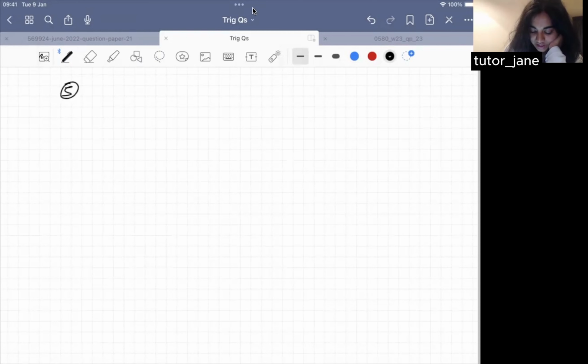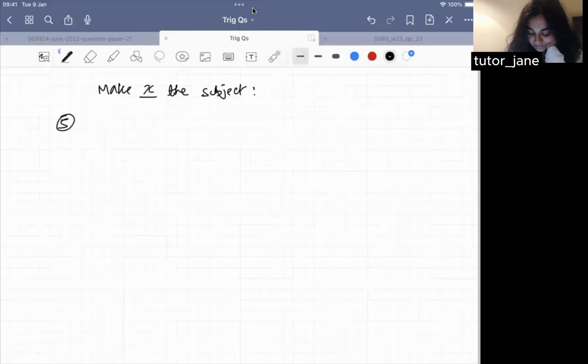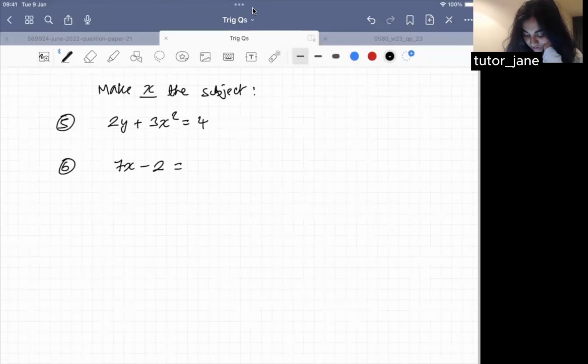So question 5, I'm actually going to say for all of these, make x the subject. So question 5, 2y plus 3x squared equals 4. Question 6, 7x minus 2 equals 3x plus y.